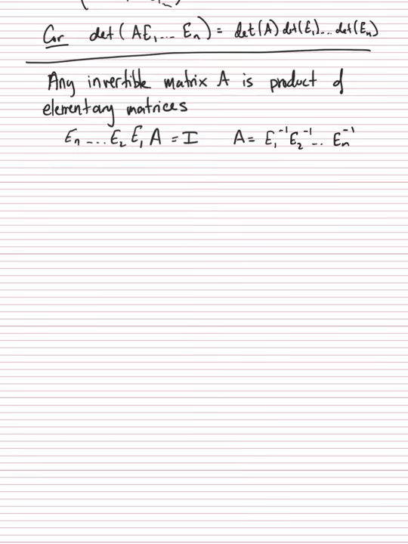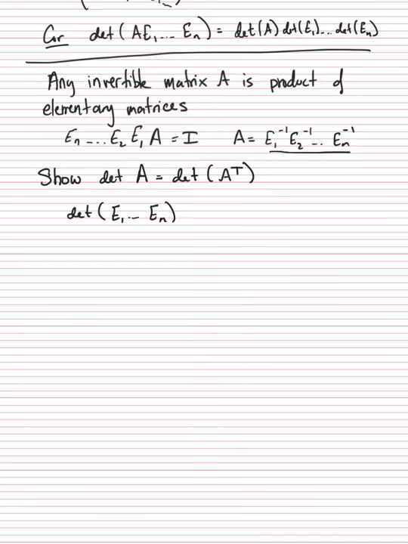Now, to show the determinant of A is equal to the determinant of its transpose, well, we can write A as a product of elementary matrices. So we get E1, I'm just going to write it now as E1 up through En.